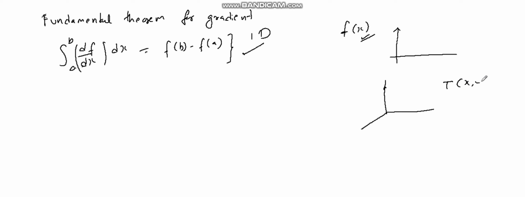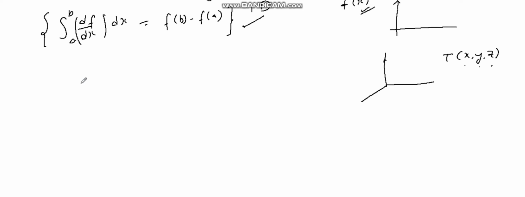This is a scalar field, which is a function of x, y and z. We have three variables this time, and we will write exactly the same equation in three-dimensional form. First let me write it, and then I'm going to prove it.